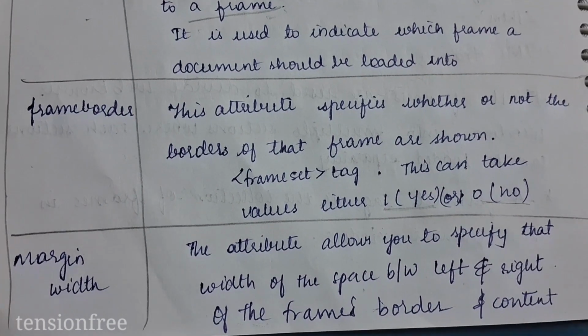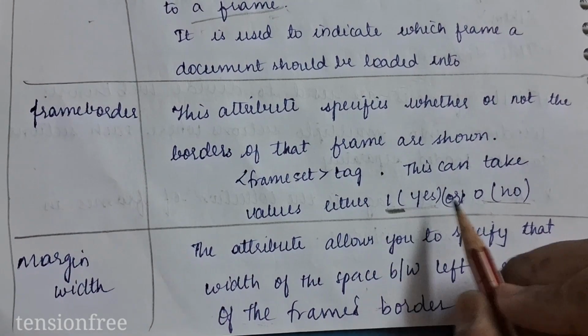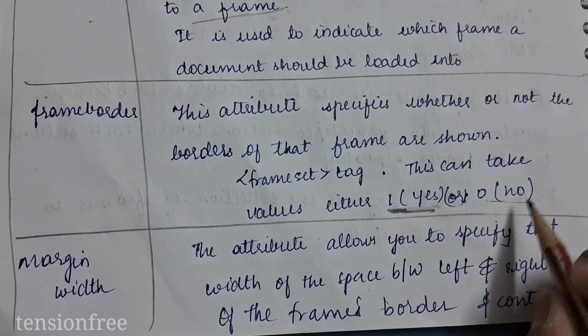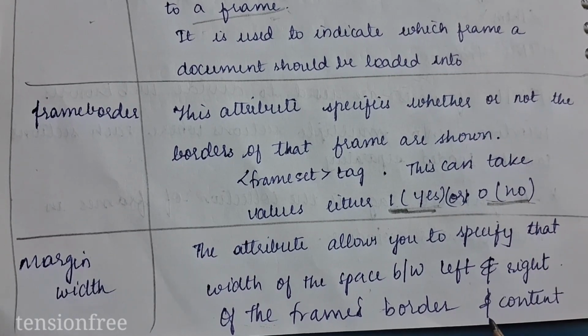Next, frame border. If we are interested in giving a border to the frame, we use 1, that means yes. If we are not interested in giving a border to the frame, we use 0 so that no border will be displayed. Next, margin width.